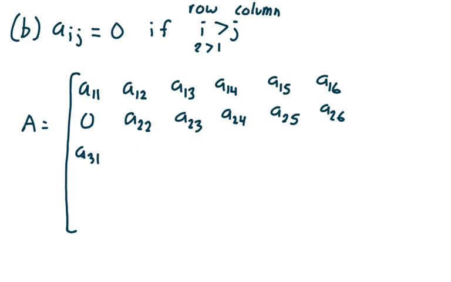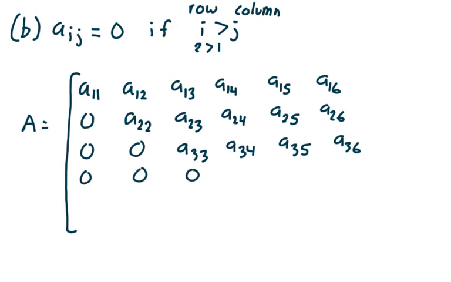And so these guys have to be zeros. But if I go out the rest of the way, it's A33, A34, A35, A36.